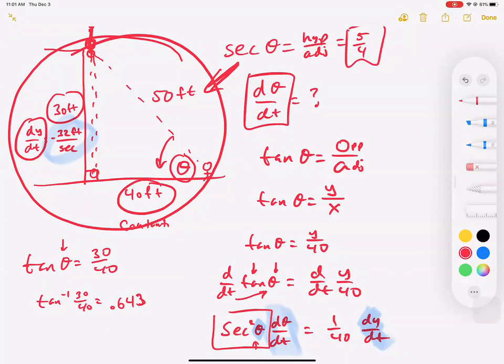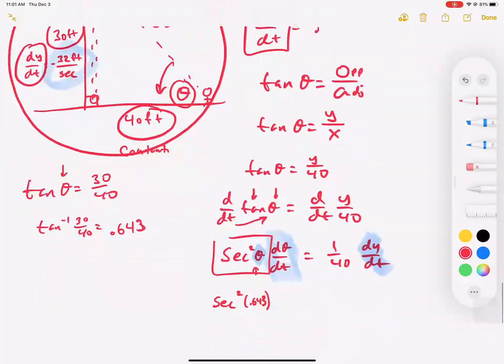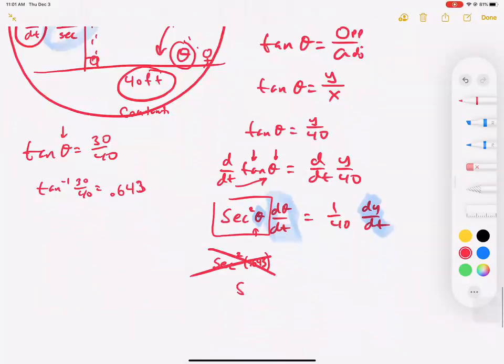You could just use this answer. Instead of using this guy, we're going to use 5 over 4 squared.